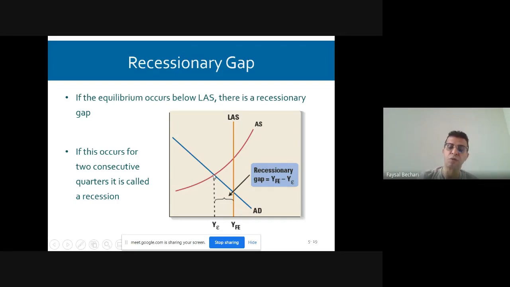We'll talk about why. If this occurs for two consecutive years, then you have a recession. Think of a machine that has the potential to produce 100, but we are producing at 50. That's a recession. If we produce more, that's inflationary. So in a recession the machine is producing less.